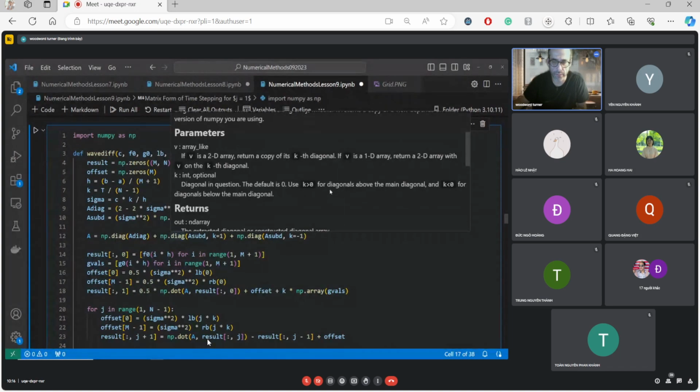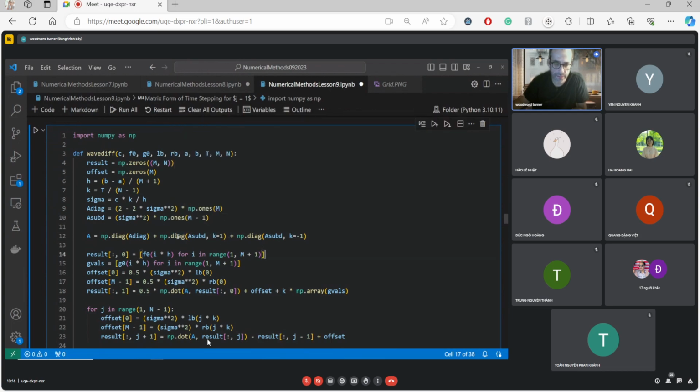Then plus k times that function g that we're given as a boundary function, evaluated at x_1, x_2, all the way up to x_{m-1}, x_m. So this is the matrix form for when j is 1.